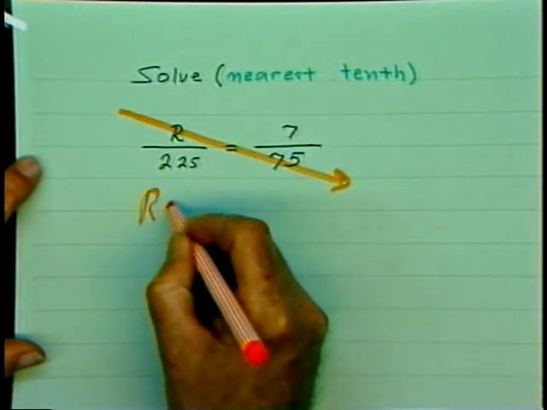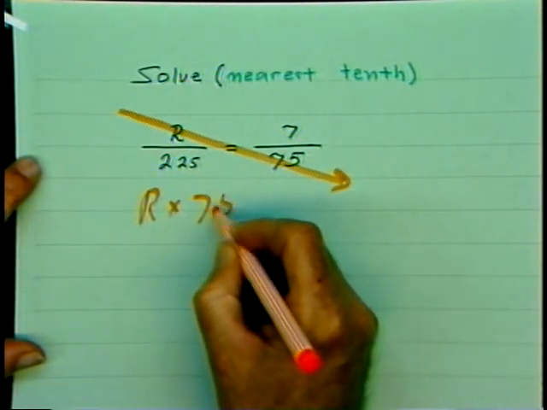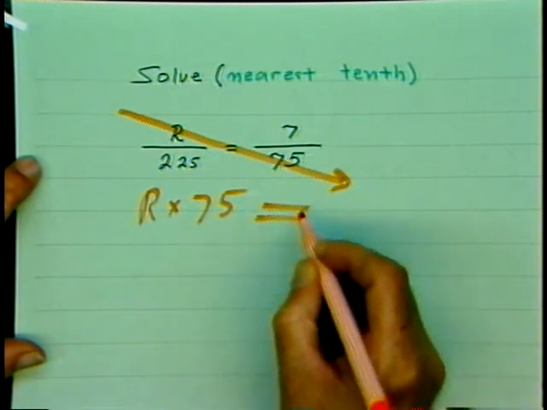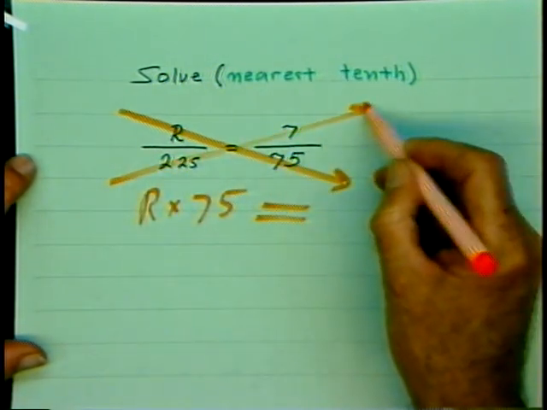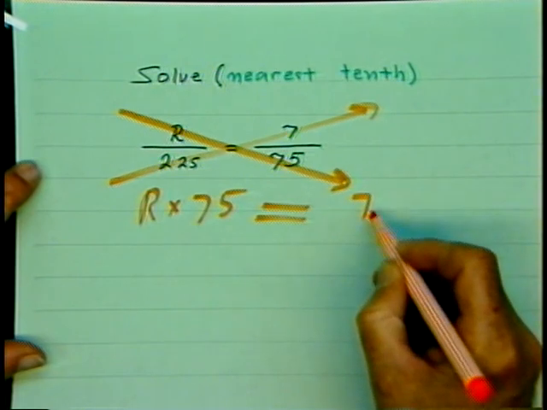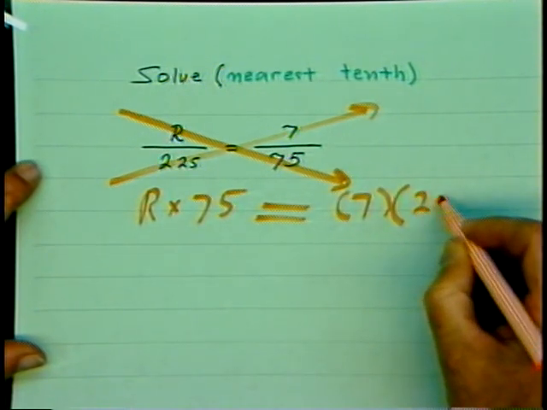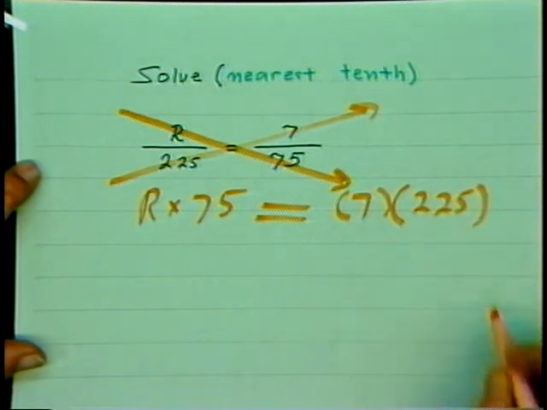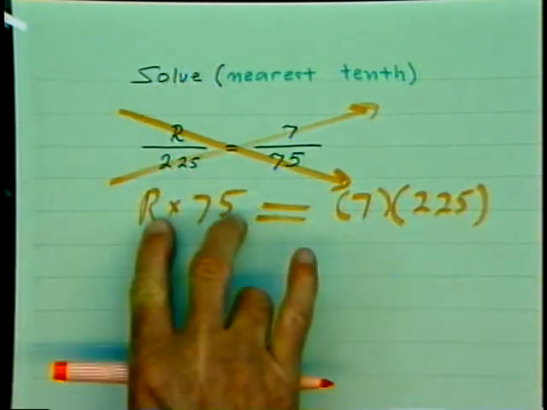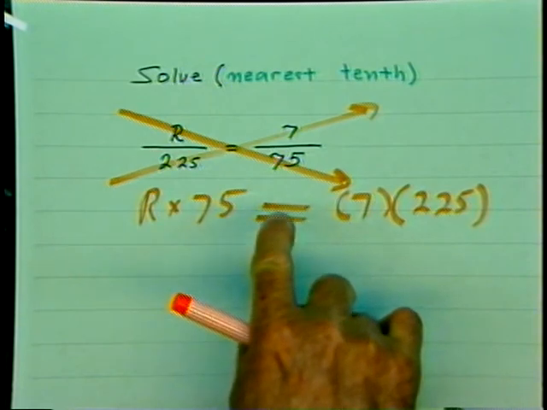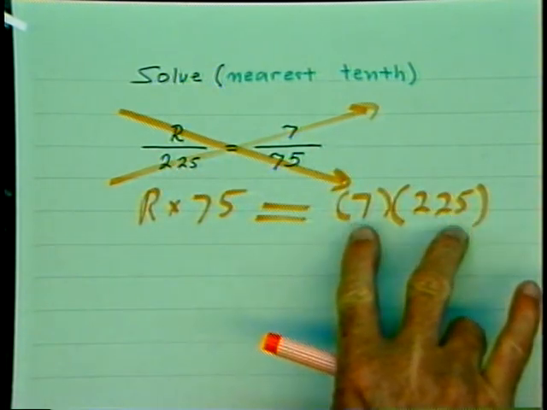So R times 75, set equal to this bottom times this top, and again just show it. 7 times 225. So once again, top times bottom, set equal to bottom times top.